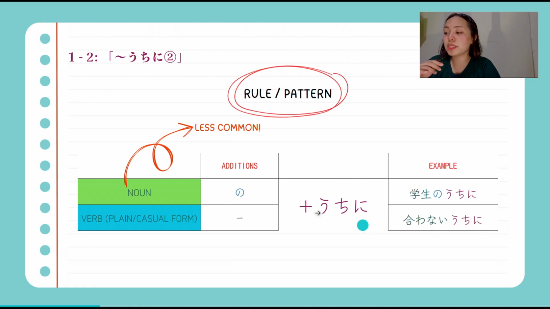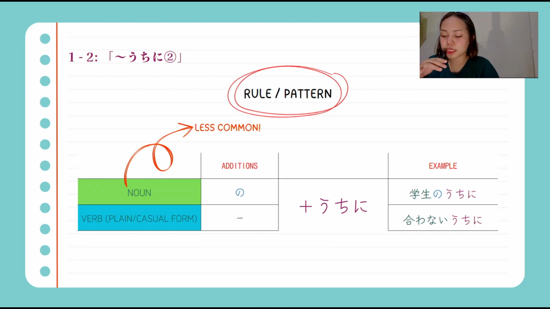If you're going to use this uchini with a verb, gaya ng inaral natin last time, you always have to use uchini with the plain or casual form. And kagaya rin po doon sa first one na diniscuss natin, this uchini as well is also commonly used with the negative form of the verb, which is the nai form po. So, if we're going to use the verb aimasu, ang kanyang plain form is au, gawin natin siyang negative, awanai, awanai uchini. Okay? So, dalawa lang yan.